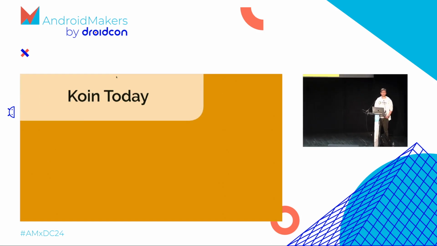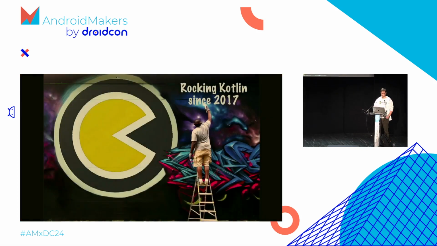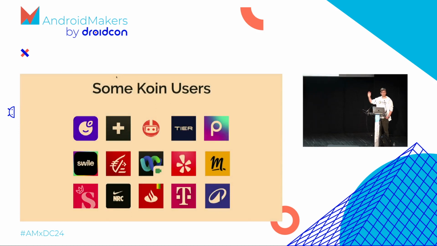Before going into some code, I would like to give a shout out about Koin today. Koin was created in 2017, seven years ago, and is still really rocking for many apps on the App Store. Perhaps you have your applications here, but these are some of the little applications that Koin can power on the App Store.